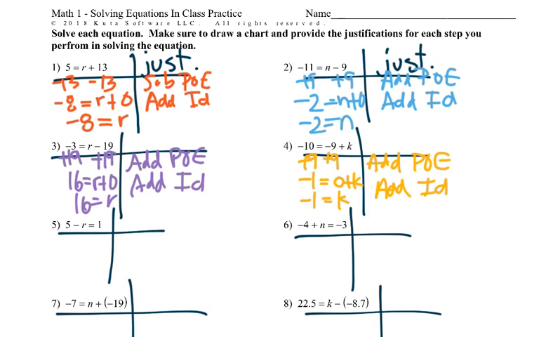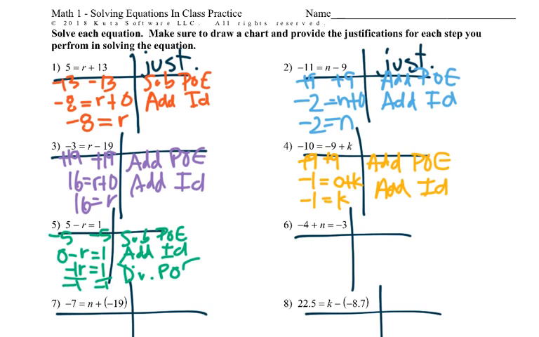Number 5, we've got 5 minus r equals 1. So it's a positive 5, so I subtract 5. This one, don't add 5 because I won't get rid of it. So using the subtraction property of equality, gives me 0 minus r equals 1. Then I use the additive identity, but that negative stays with the r. It's like a negative 1, so I can divide by negative 1 on both sides using the division property of equality.